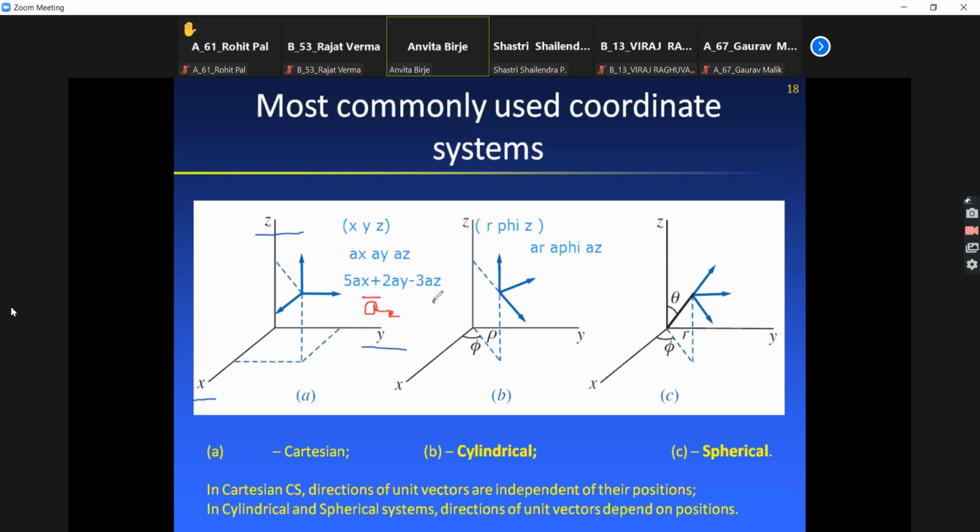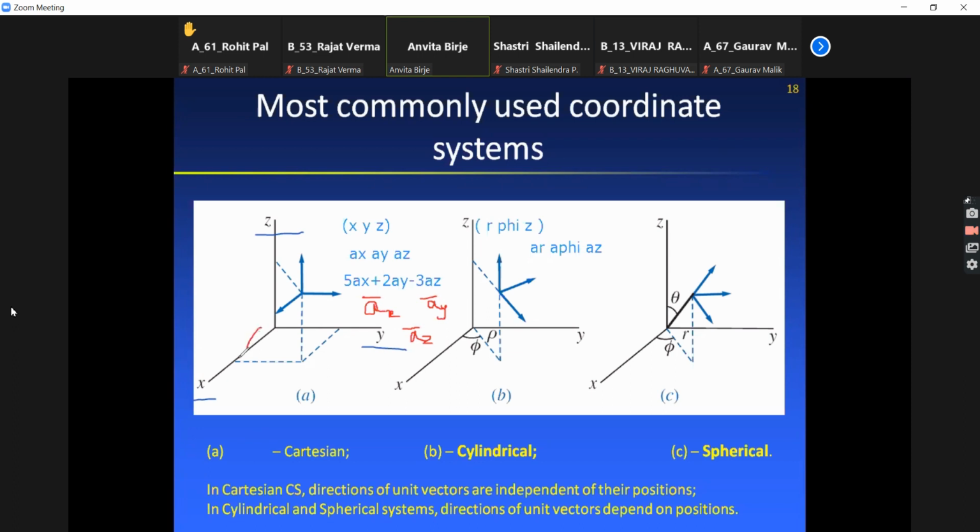So a is actually referred to as unit vector. This a bar x is along the x-axis, और दूसरा है a bar y. So we are mentioning the unit vector in terms of a with the suffix of x, y, and z. Yes, because in Cartesian the axes are x, y, z. So these are the unit vectors along x, y, z.